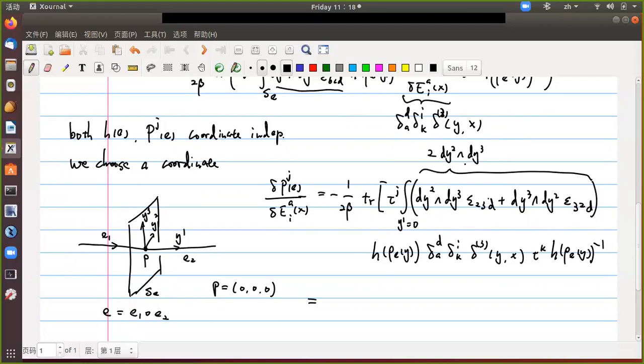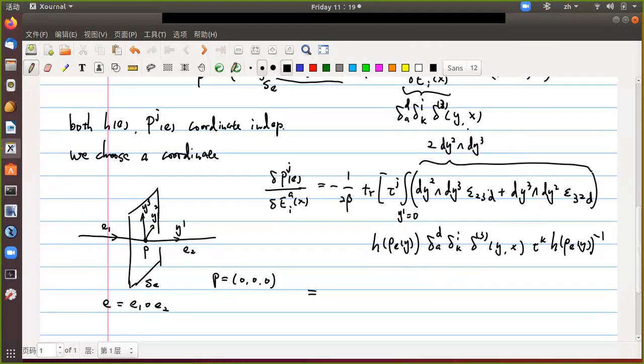You are integrating this differential form. By the definition of integration, in this coordinate you write it as dy2 wedge dy3, a two-dimensional integral. So this is just integrating dy2 dy3. You can just remove the wedge in the integration by using the definition of the integral.